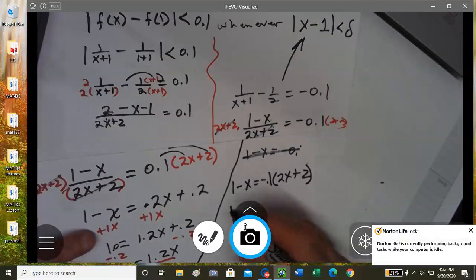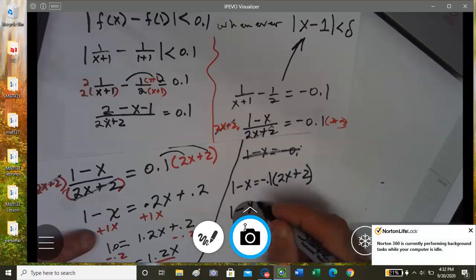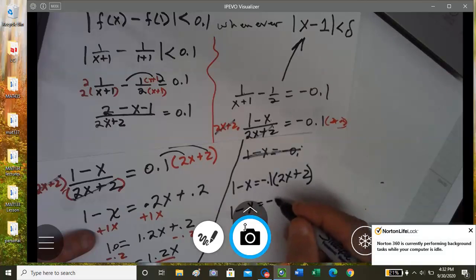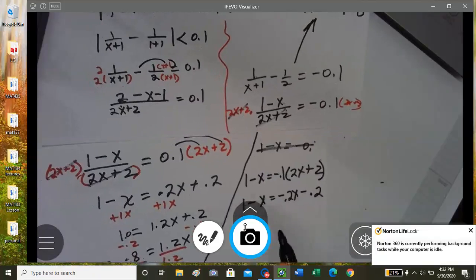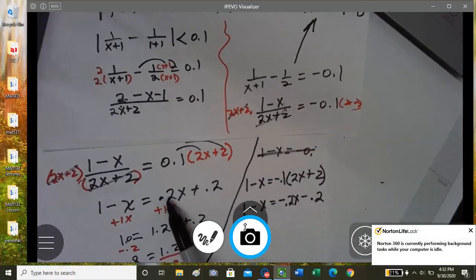So that's going to be 1 minus x equals a negative 0.2x minus 0.2. It's almost the same thing as what we did on the left side, except this side was positive and this is negative because we used negative 0.1 instead of positive 0.1.